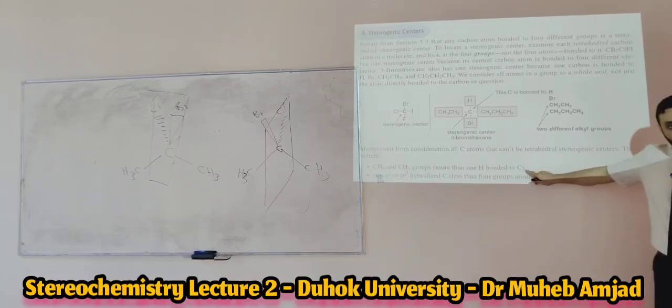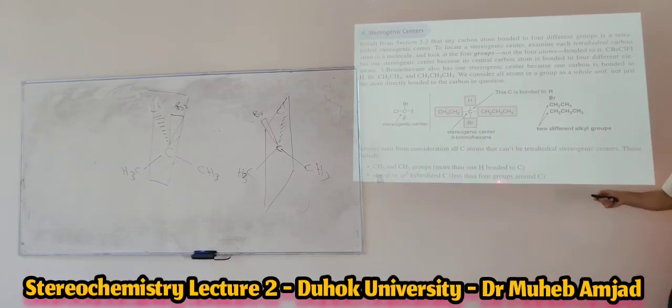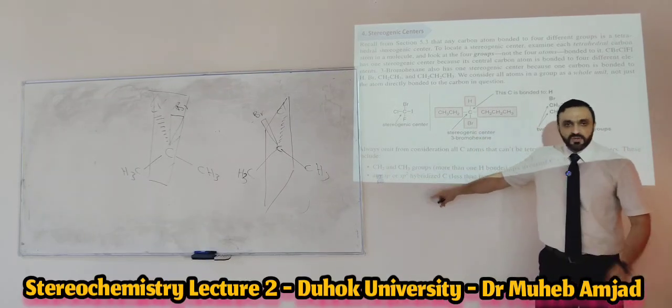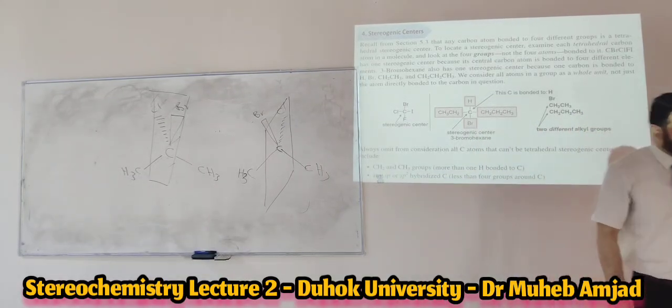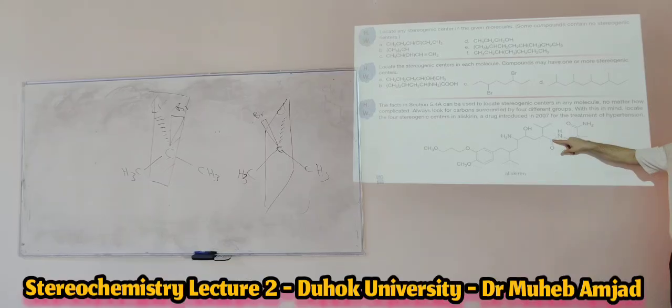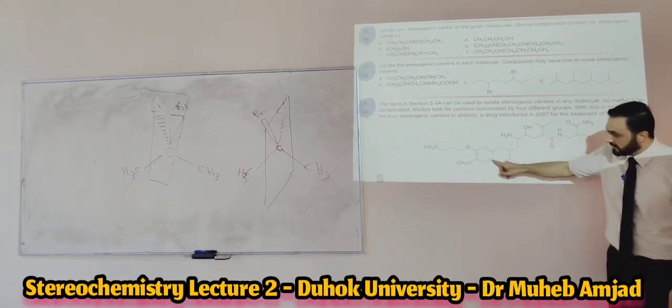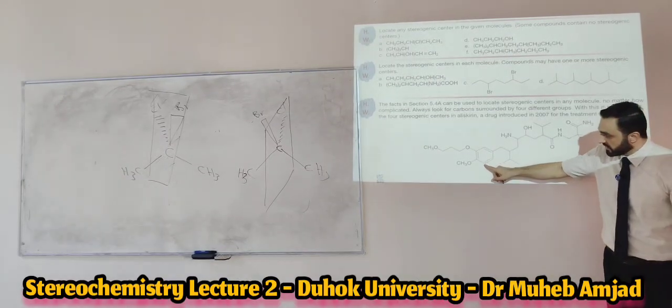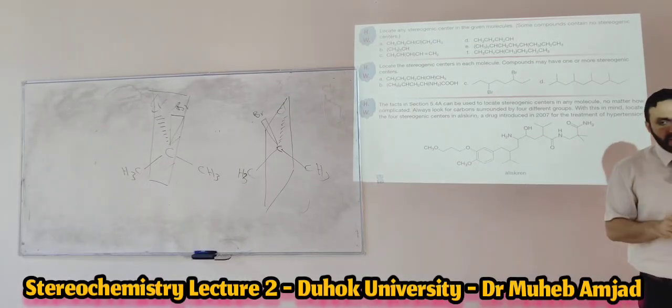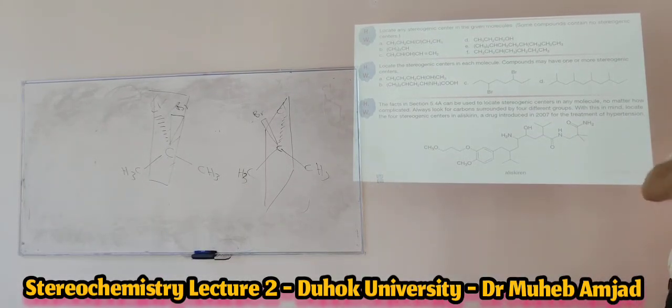CH3 and CH2 are never stereogenic centers. And also every sp and sp2 carbon is not a stereogenic center. So we go to the example again. This carbon is sp2, not a stereogenic center. This carbon is sp2, not stereogenic. Like that, okay? Every sp2 and sp carbon is not a stereogenic center. Clear?